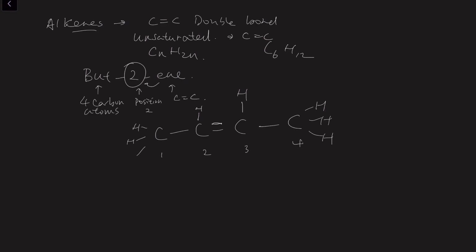So compared to something with single bonds, it has lost 2 abilities to connect with hydrogen. So that's why the general formula has 2 fewer hydrogens. So this is how you draw but-2-ene.